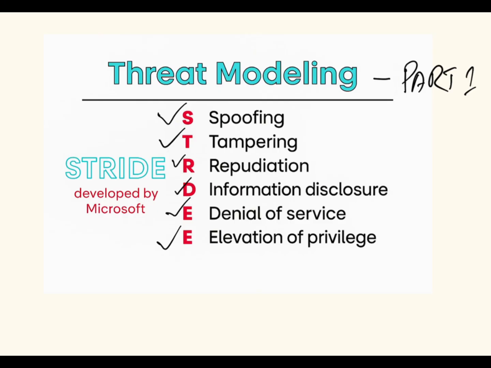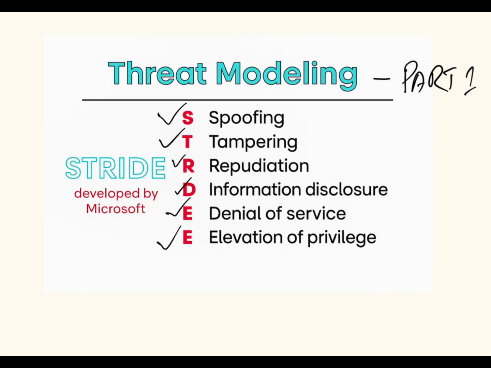But let me tell you one more thing: what we have discussed until now is quite high level. To make it actionable, especially during threat modeling, we need to apply it to a specific system or scenario and identify the technical implementation of each threat category, like spoofing, tampering, repudiation, information disclosure.